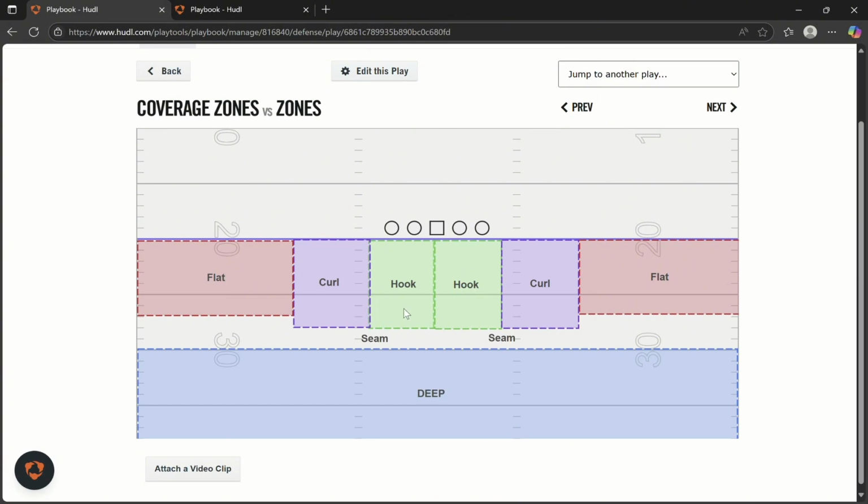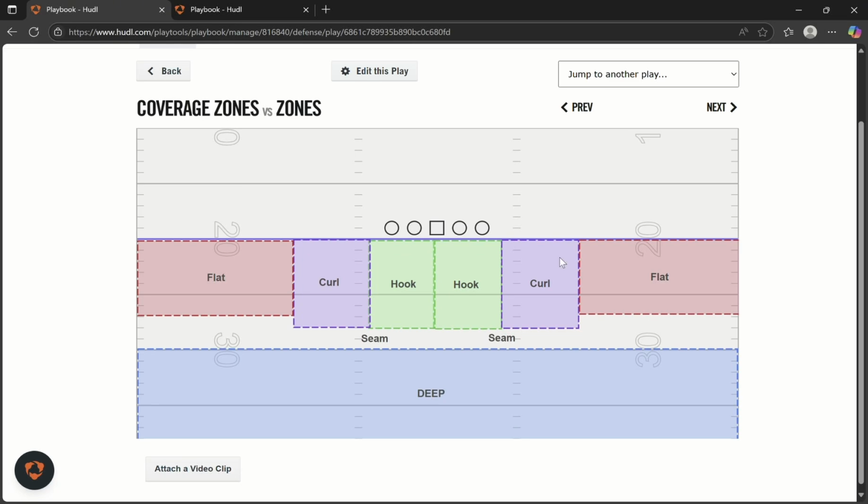The seam that quarterbacks and receivers most want to exploit is the seam on the hashes, between the curl and the hook zones. So that's what seams mean.